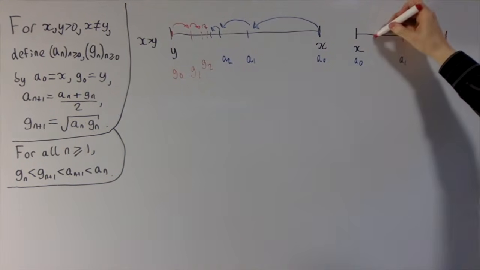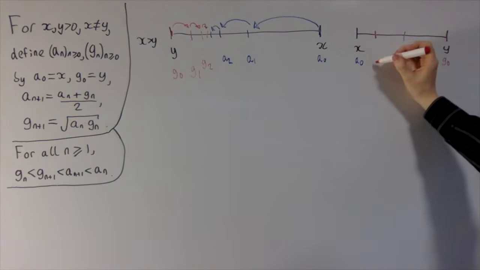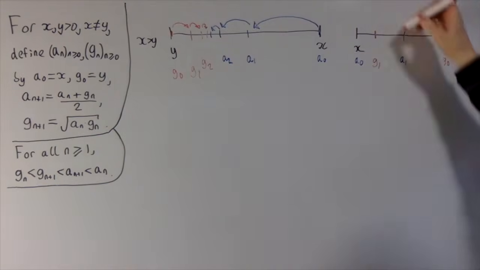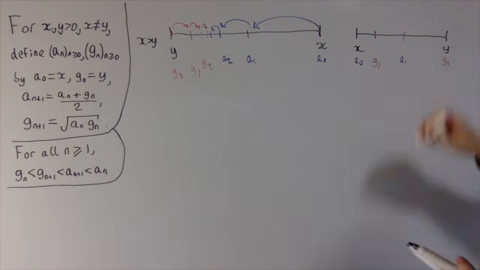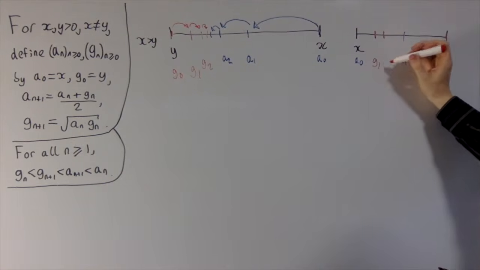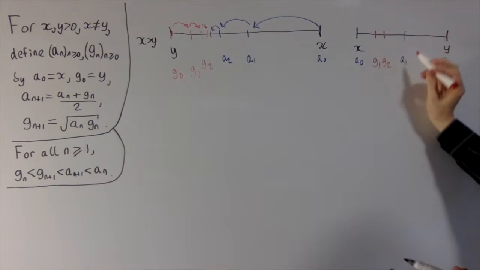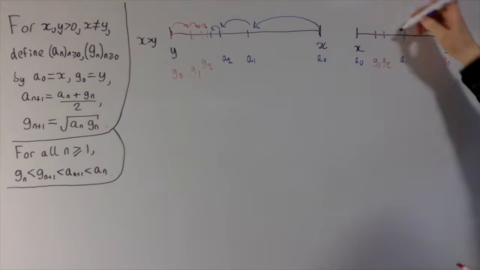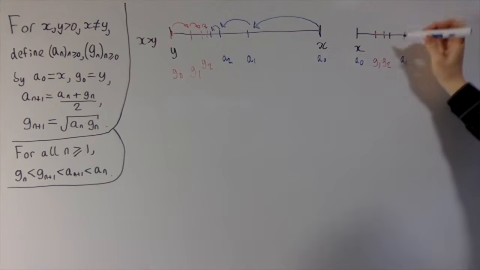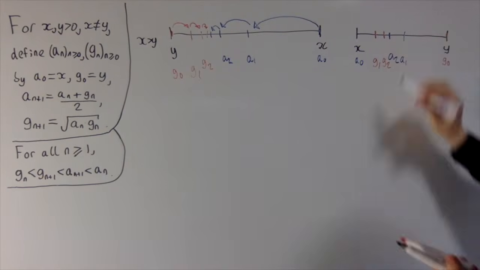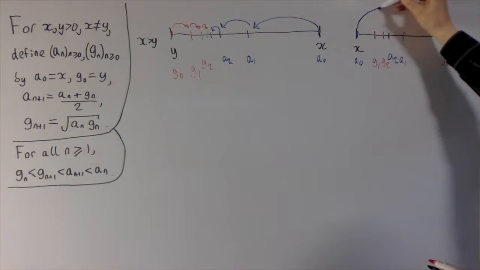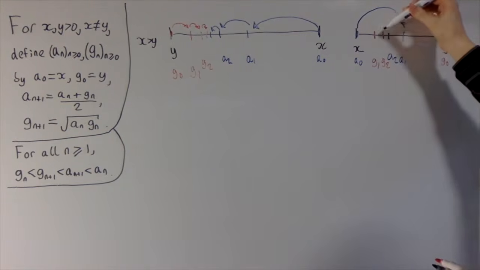Then your G1 would still be somewhere around here. So what you'll actually find is from here, to find G2, for example, this will be partway between G1 and A1. And then to find A2, it's halfway between G1 and A1, so A2 would be around here.